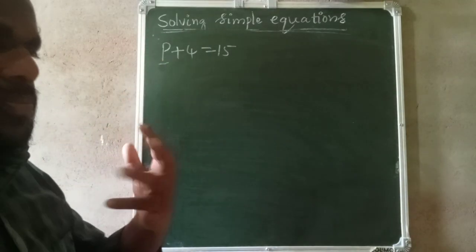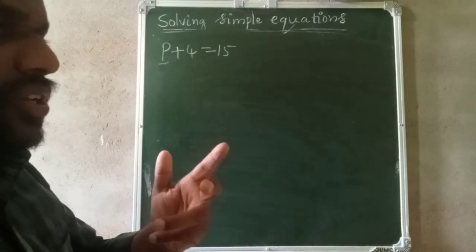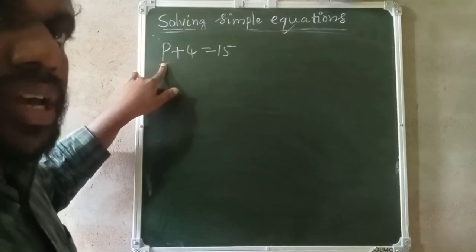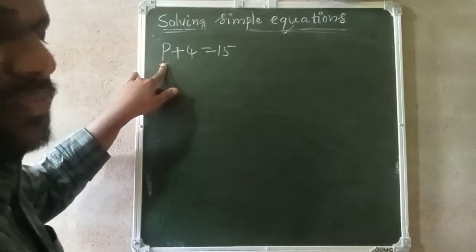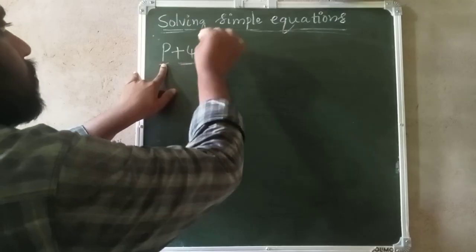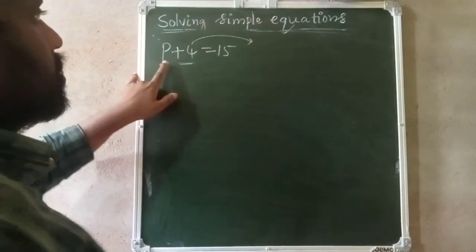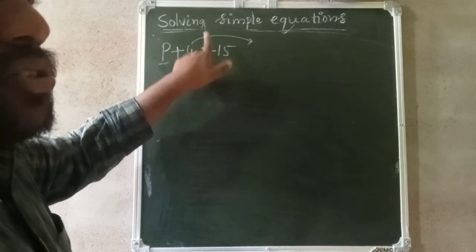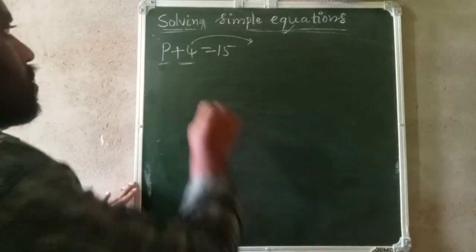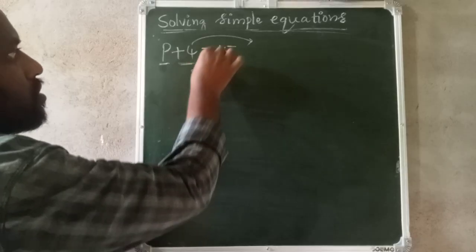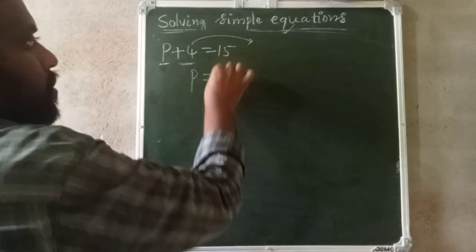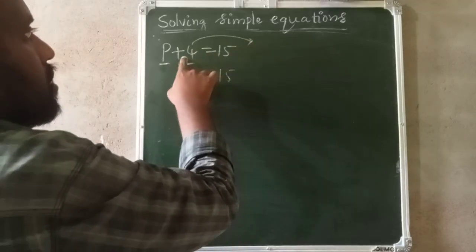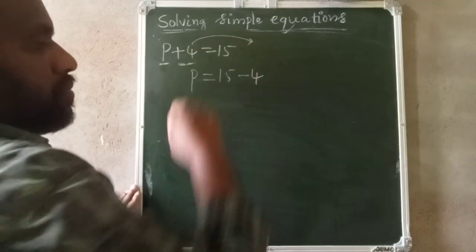So first step is what? Keep this p on one side. Whatever remaining is there, you have to move that to the other side. Remaining is plus 4. We have to move this to the other side, after the equal sign. So before moving, in the next step, write this p as it is equal to 15. Now when plus 4 is moved to this side, this plus 4 becomes minus 4.